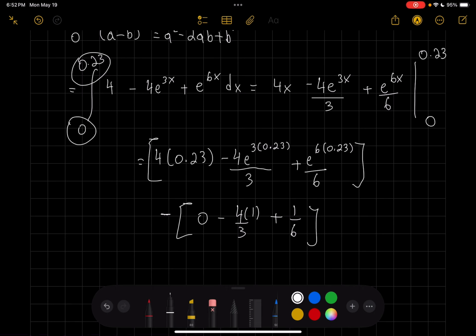Okay, now using your helpful calculator, this might take a while because I don't have a scientific calculator right next to me.